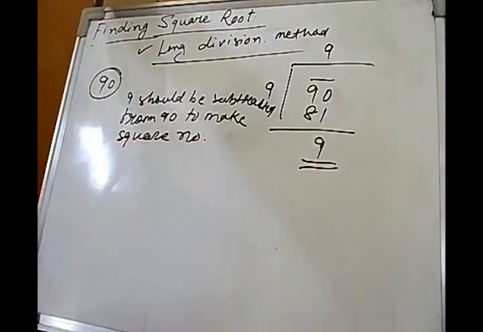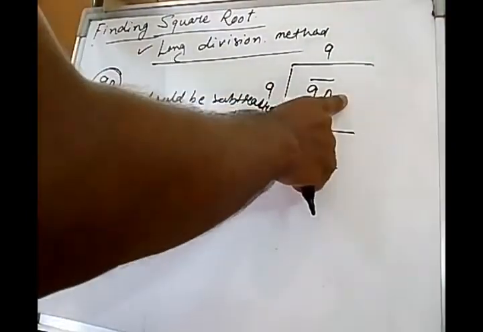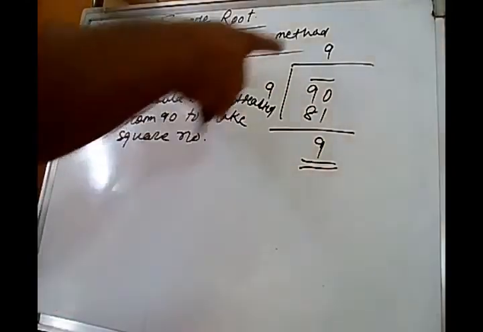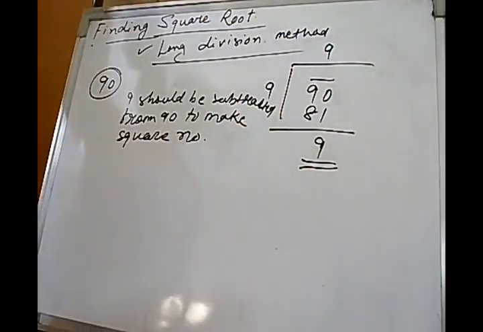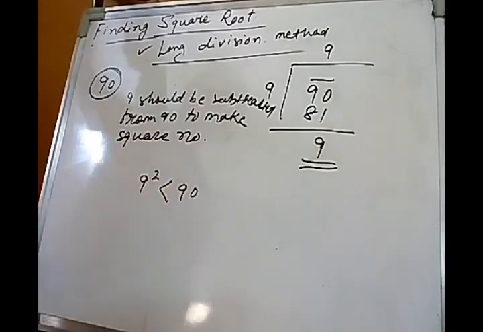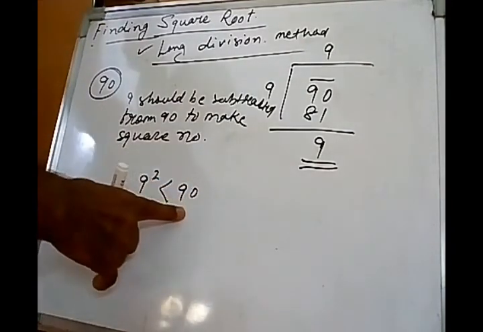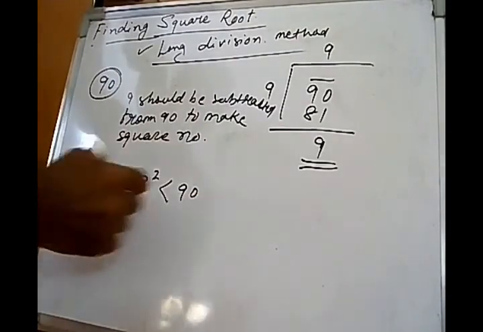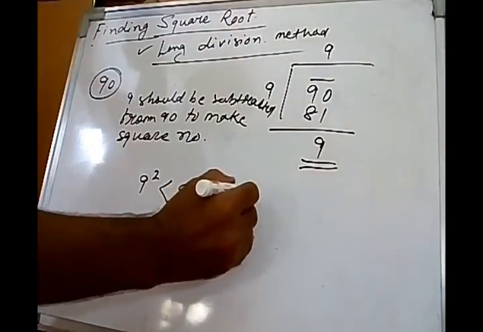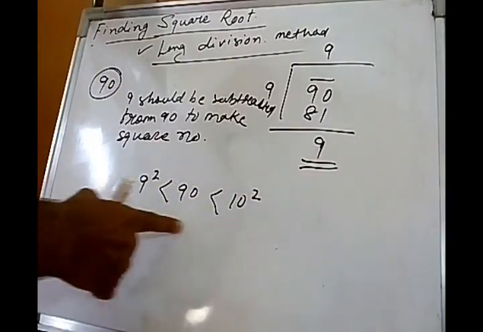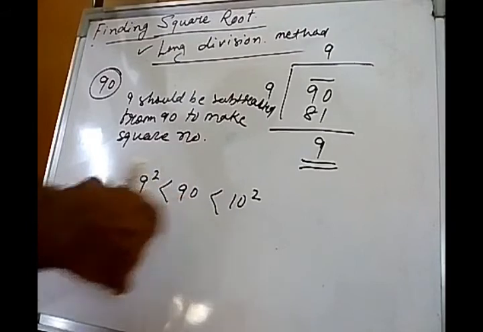Now the question is which number will be added to 90? If you see, 90 is not a square number, but in 90 whose square is there? 9 square is there. It means 9 square is smaller than 90. Then after 90, whose square is there? Definitely it will be 10 square. So 90 is smaller than 10 square. So now we will find out how much it is from 100.